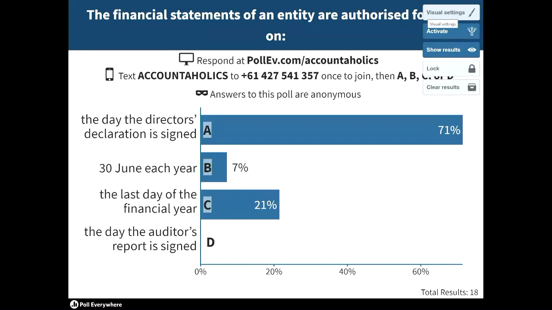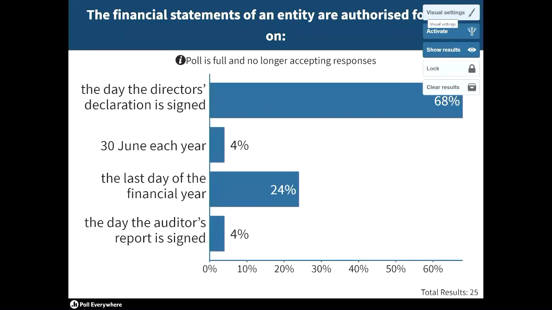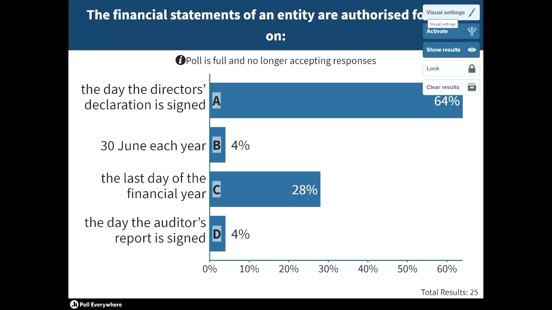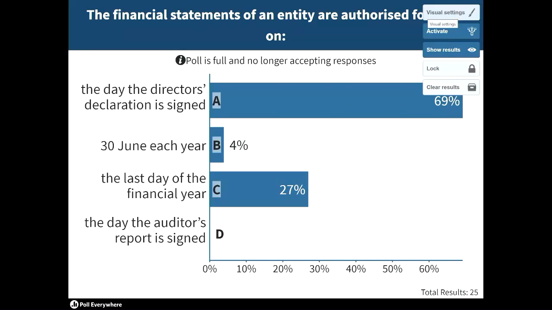The financial statements of the entity are authorized to be issued on: the day the director's declaration is signed, 30th June each year, the last day of the financial year, or the day the auditor's report is signed. So which one? The majority is the first one.